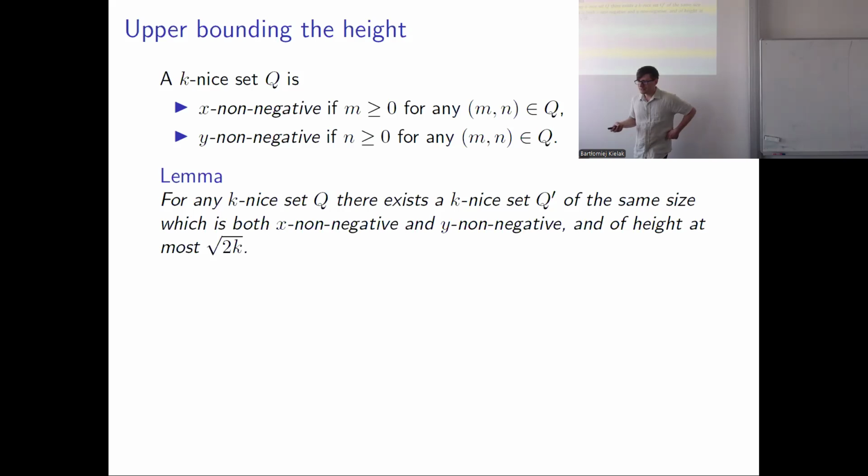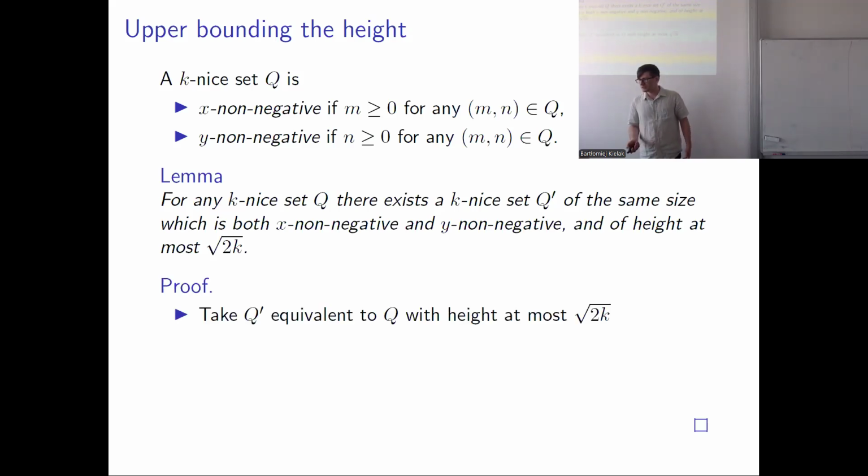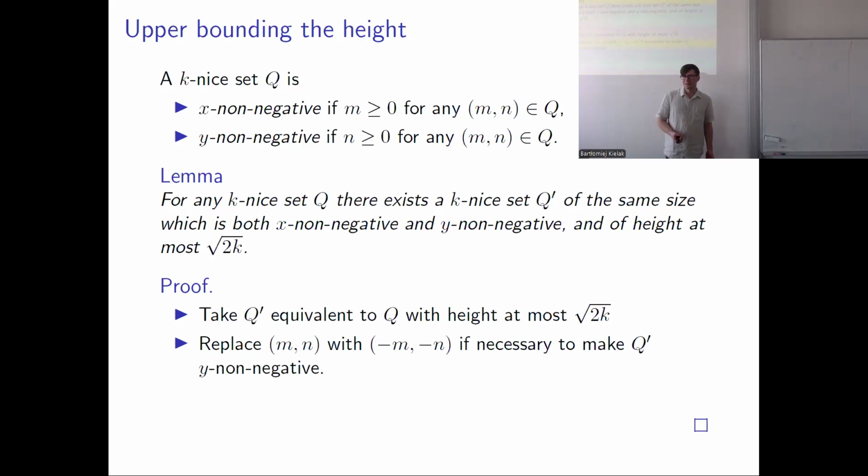So we can summarize and say that if I take any k-nice set Q, then I can replace it with another set which is of the same size, which is k-nice, which is both x and y non-negative, and which is also of reasonably low height, at most square root of 2k. How to do it? First, we can guarantee that it is of low height because of the previous lemma. Then we can guarantee that it is y non-negative, and we can simply do this by replacing some point (m, n) by its negative version, (-m, -n), because those points correspond to the same curve, basically.